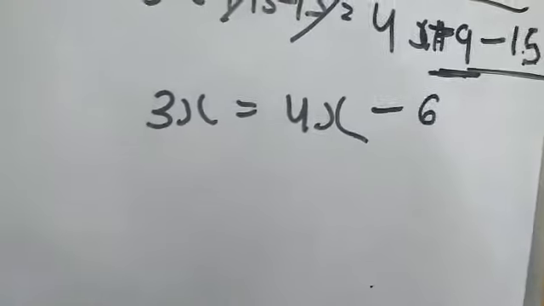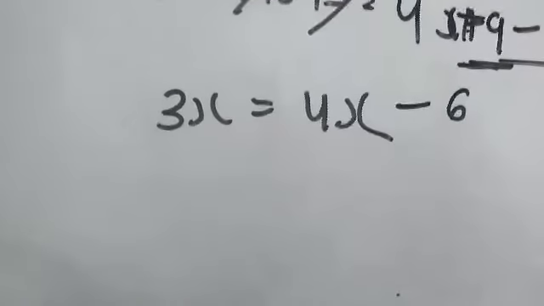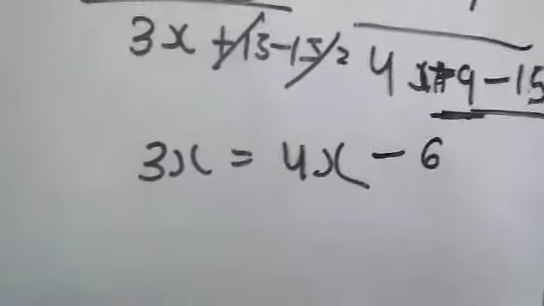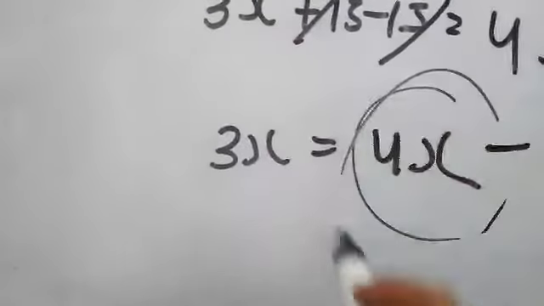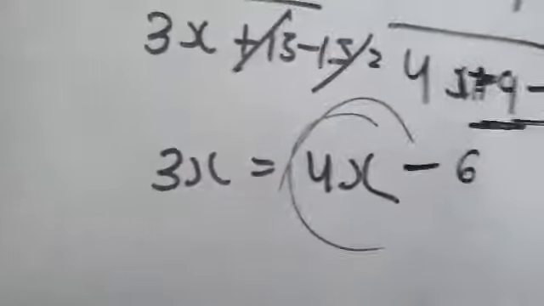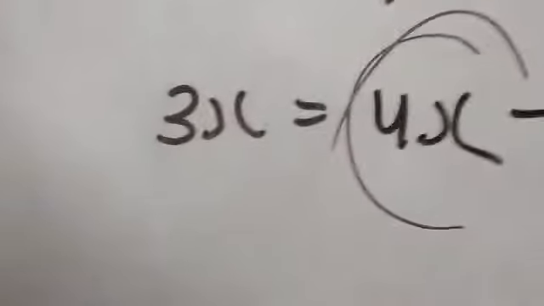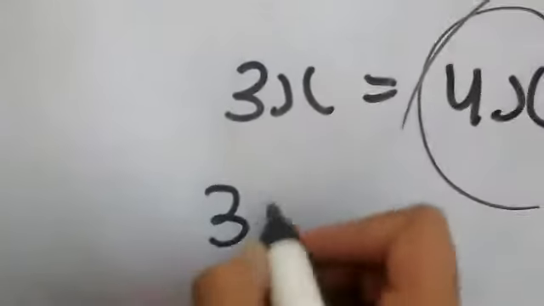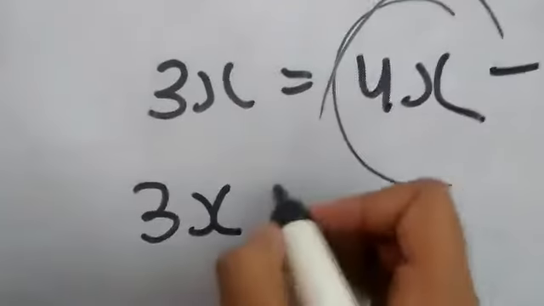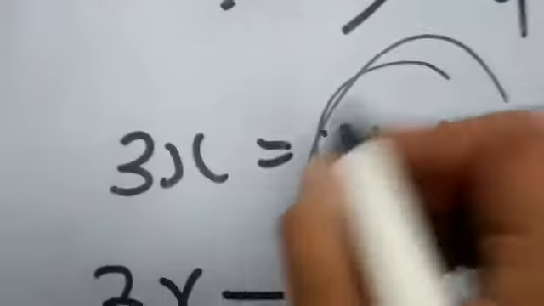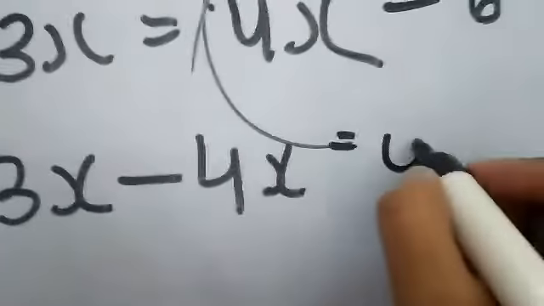Now what to do? Here we want numerical, but here there is a variable, so what to do? We have to remove this also. So 3x minus 4x, because it is plus, so we will apply minus on both the sides.